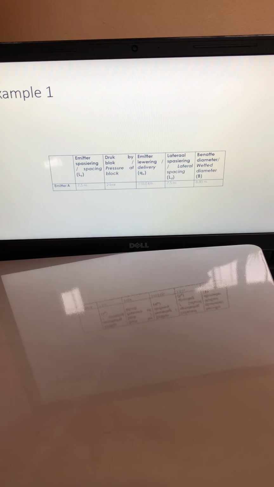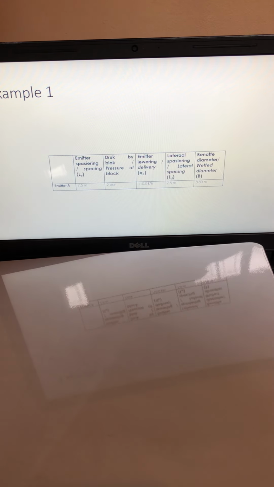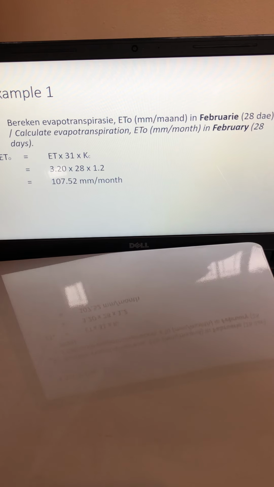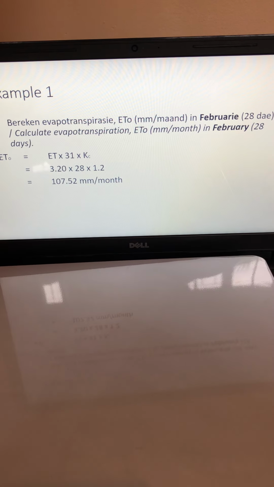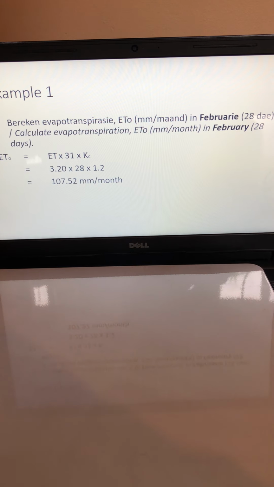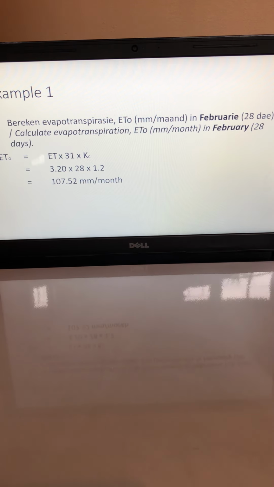And here's the table. So you've got an emitter spacing of 7,5, emitter delivery, and wet diameter, which is important. Okay, so this first part says determine the evaporation in the month of February. So we know that evaporation is calculated with that Class A evaporation pan.